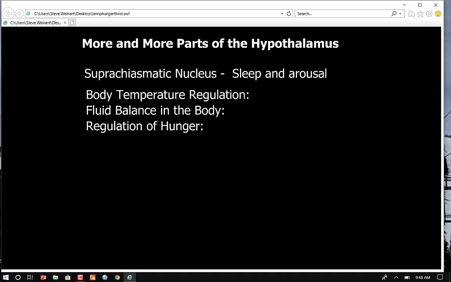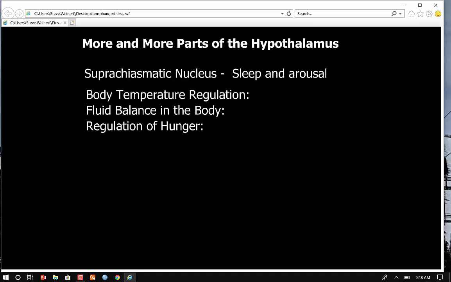But when you start looking at the basic idea, the hypothalamus is unconscious. It's your unconscious mind. Freud would have loved knowing about the hypothalamus, because he said all of our motivation is unconscious. But, okay, so the hypothalamus does four basic things.